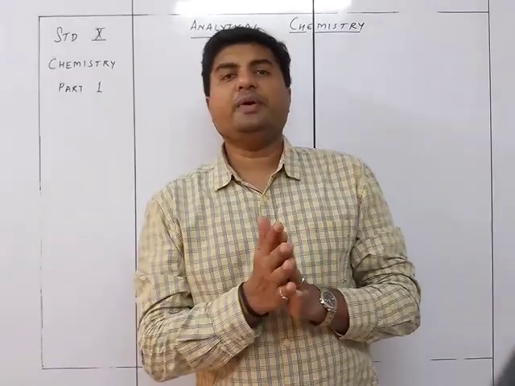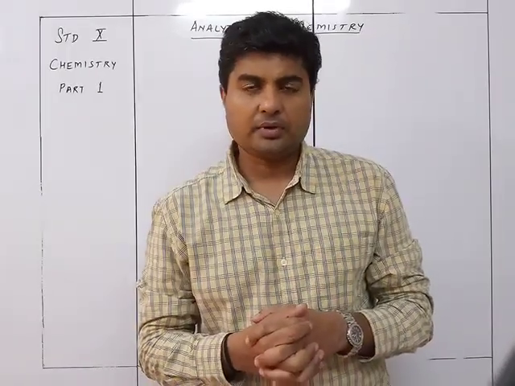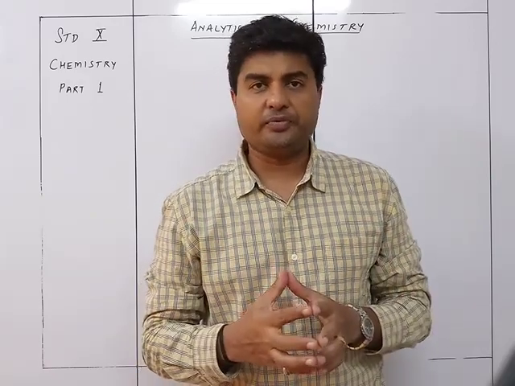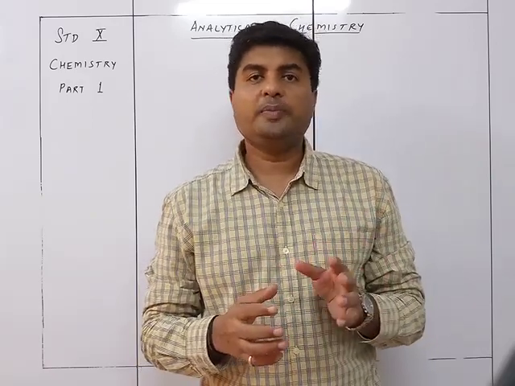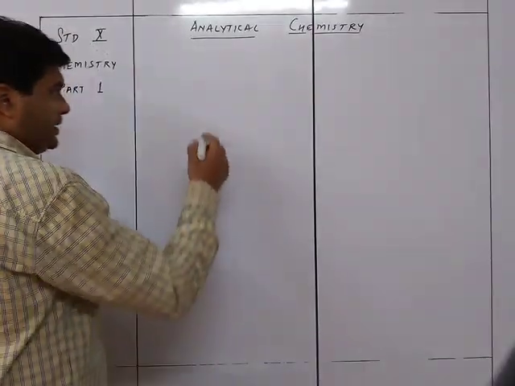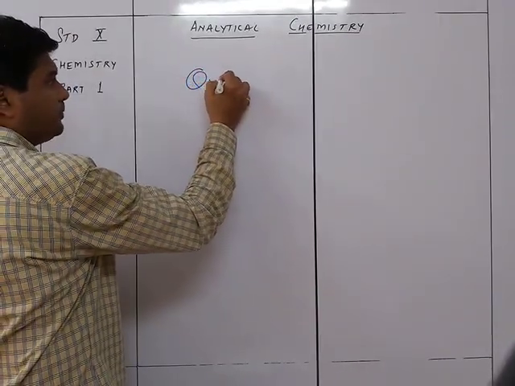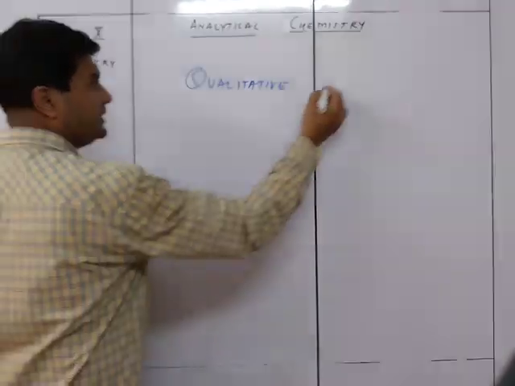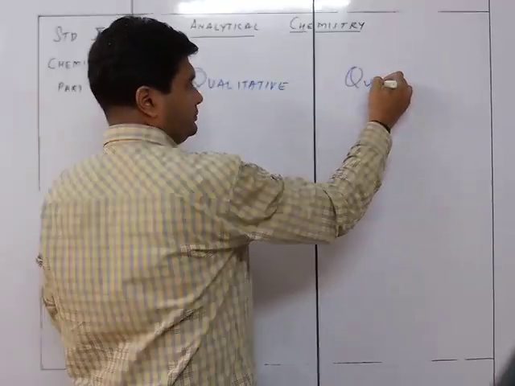In chemistry, whenever you are doing any practical, the practical will result in two kinds of observations. One will be the qualitative kind and the other one will be the quantitative kind.